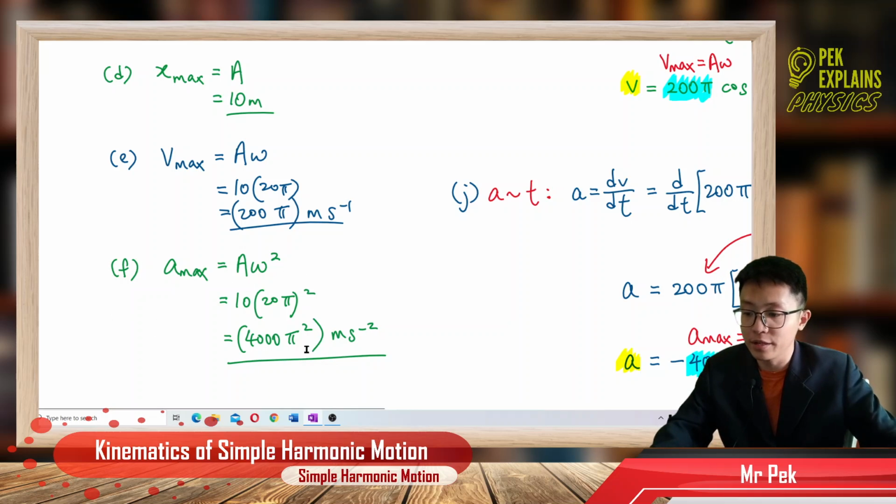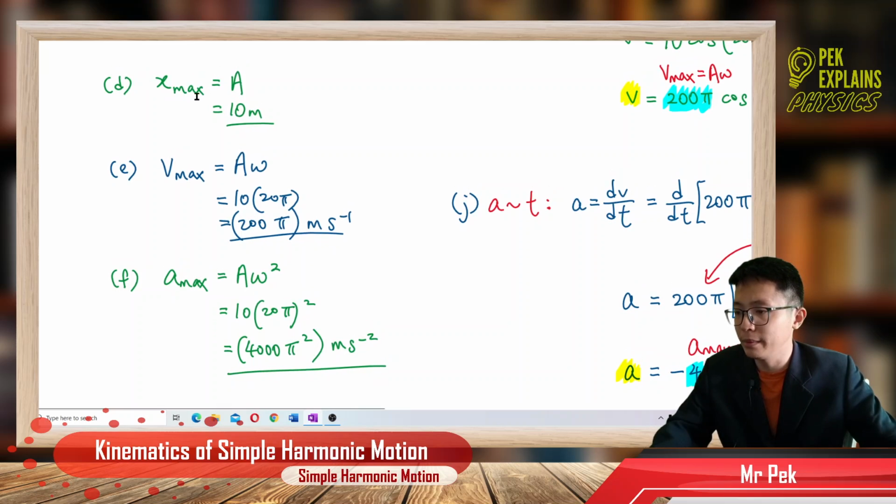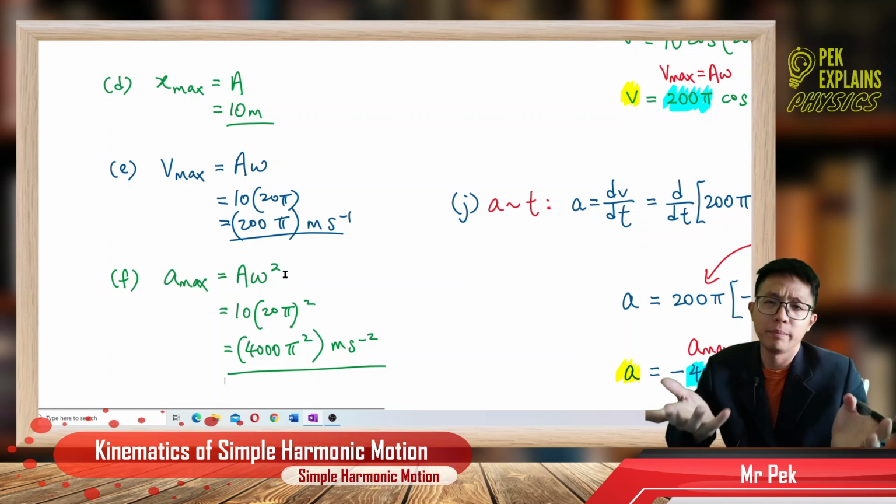That's maximum acceleration. So you see the formulas: maximum displacement is amplitude, maximum velocity is A omega, maximum acceleration is A omega square. Very simple to remember.